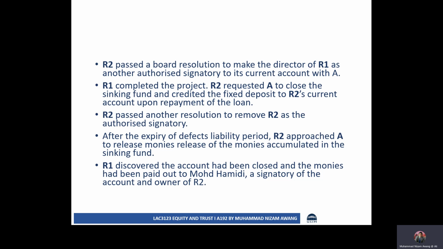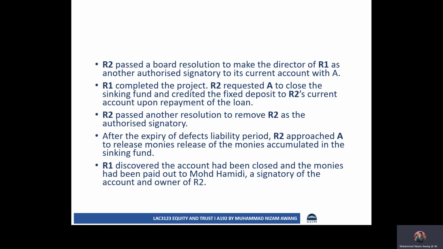The second respondent requested the appellant to close the sinking fund and credited the fixed deposit to the second respondent's current account upon repayment of the loan. Then the second respondent passed another resolution to remove the first respondent as the authorized signatory because the project had been completed.